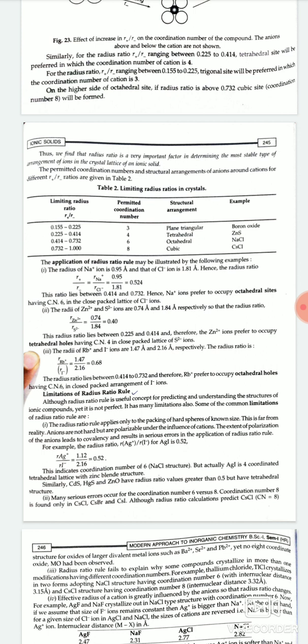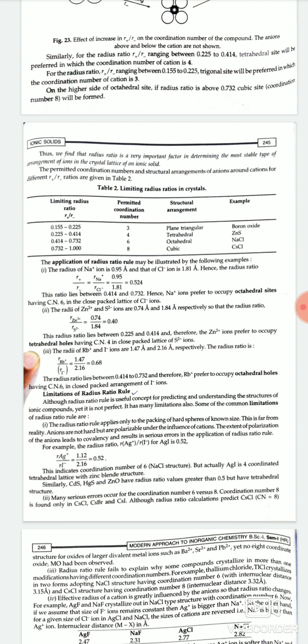This indicates coordination number 6, NaCl structure, but actually AgI is a 4 coordinated tetrahedral lattice, the zinc blende structure. Similarly, CdS, HgS and ZnO have radius ratio values greater than 0.5 but have tetrahedral structure.